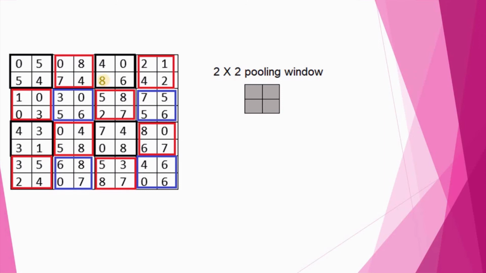And then it selects the maximum value if we perform max pooling. You can see here the maximum value between 0, 5, 5 and 4 is 5, and the maximum value between 0, 8, 7, 4 is 8, like this. So it takes one value from each region. So our new matrix will be 4 by 4.